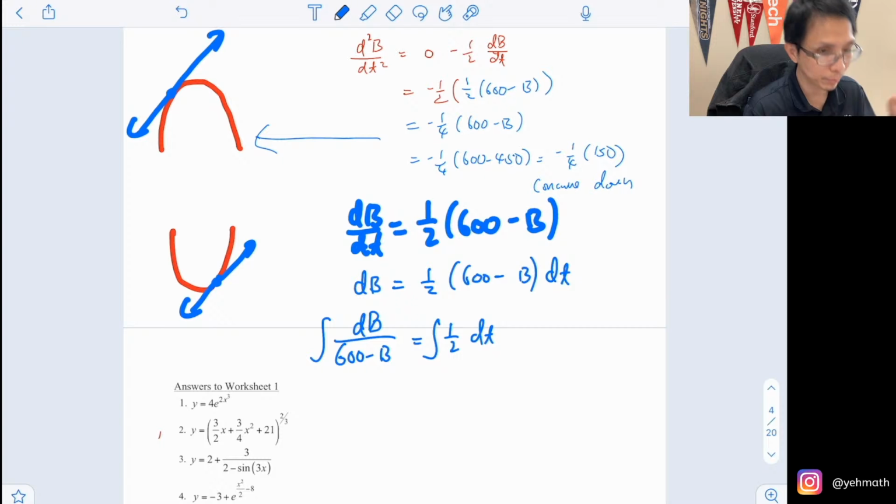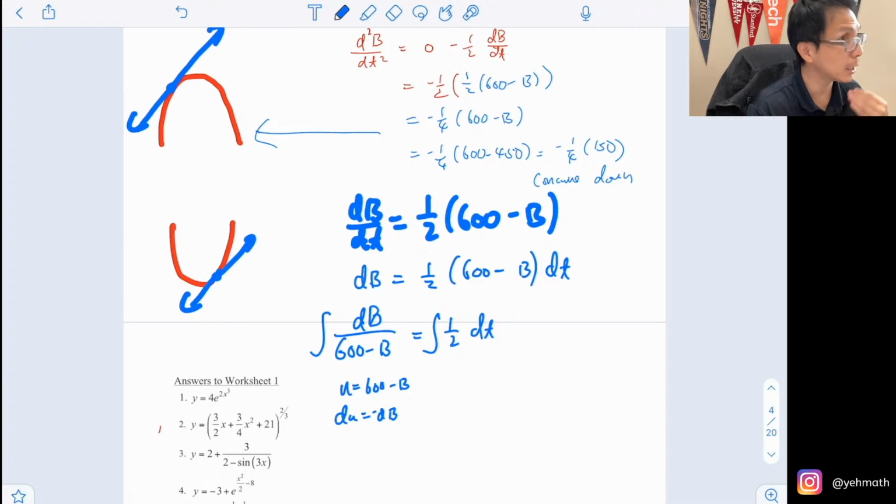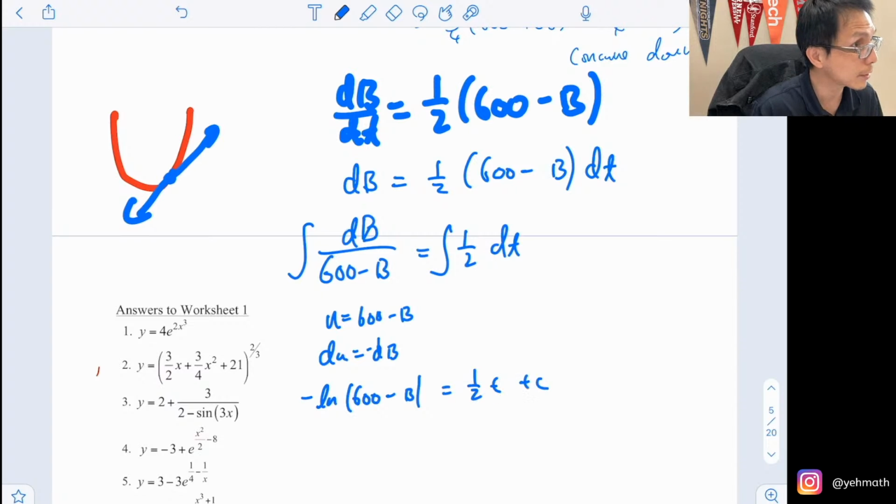Good. You proved me wrong. But the problem is that u equals 600 minus b, du equals negative dB, because that part is gonna be the Achilles heel where people screw up. At least that's how it was yesterday. So therefore it's gonna be negative ln of 600 minus b is equal to half t plus c. Now this is the first part.